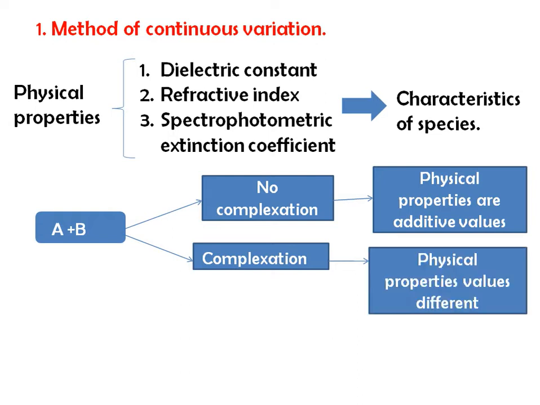But if complexation is there, the value of these physical properties will be different. It will never be an additive value; either it is more than the additive value or less than the additive value. So we can say that complexation is there.